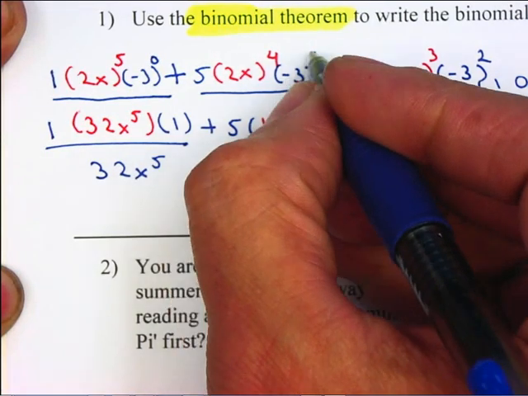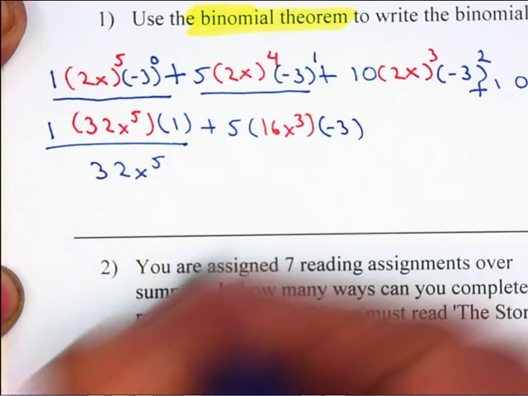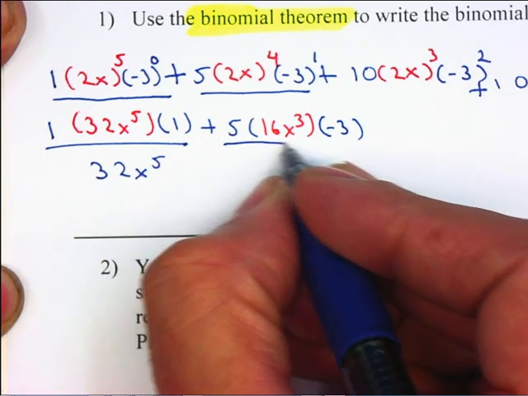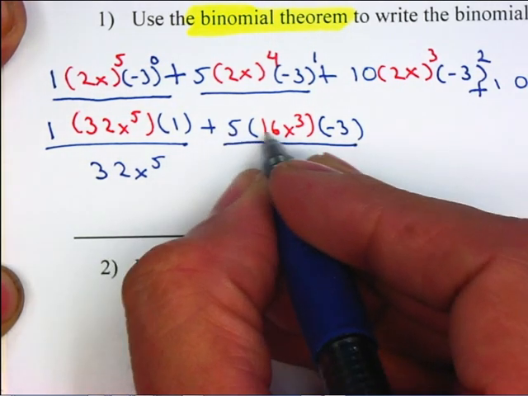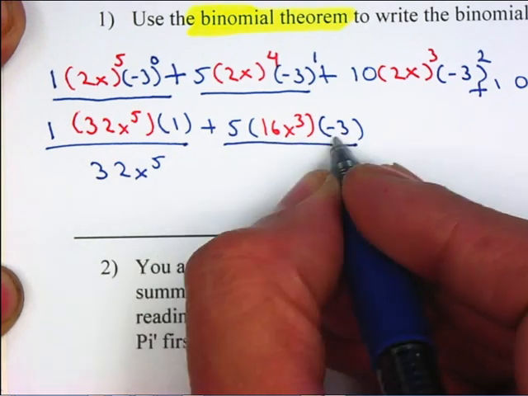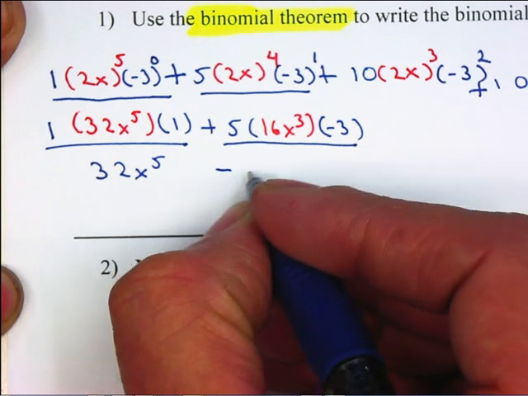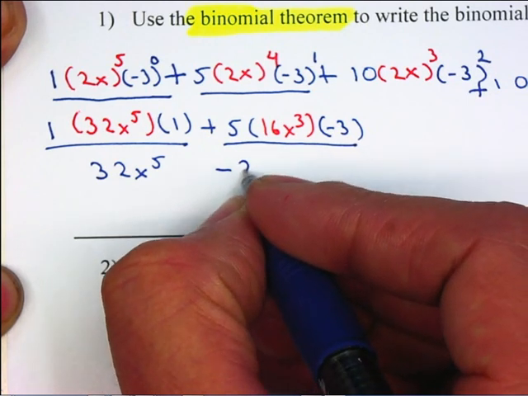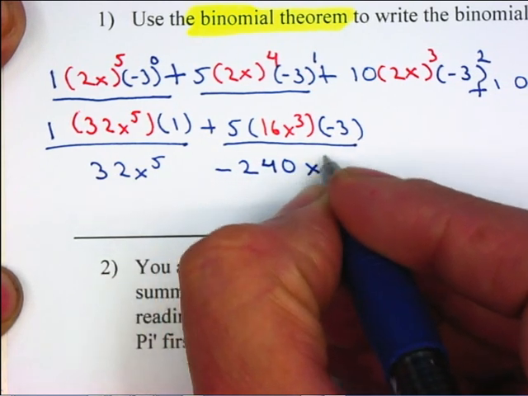And now, negative 3 to the 1st power will be negative 3. You're going to multiply all three numbers. 5 times 16 is 80 times negative 3. 80 times negative 3 will give me negative 240x to the 4th.